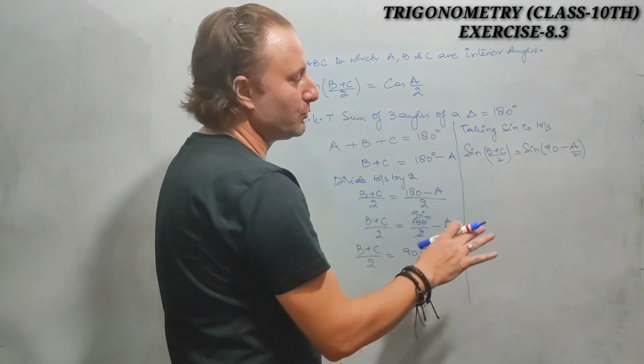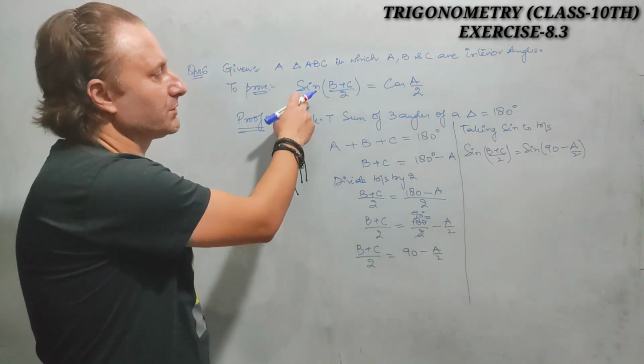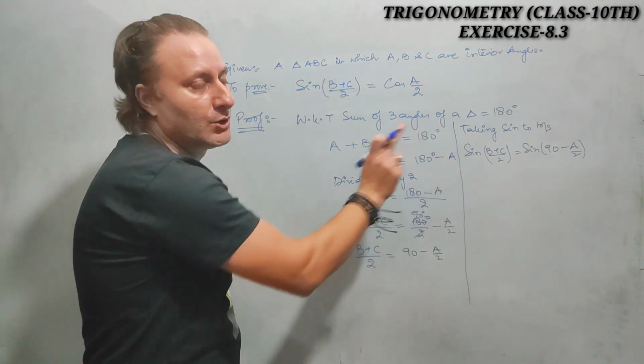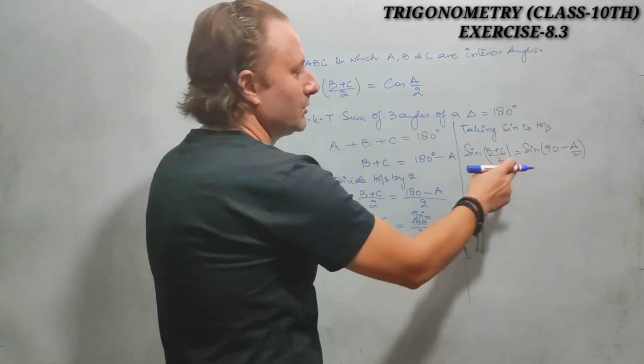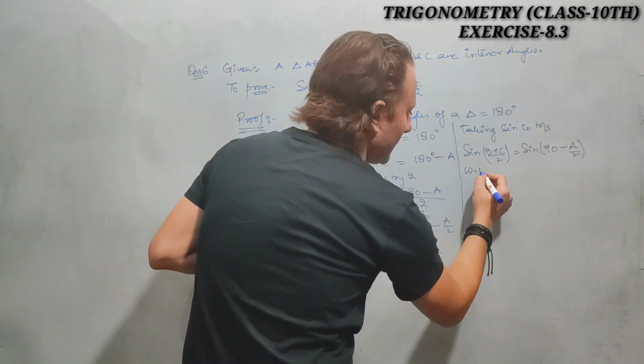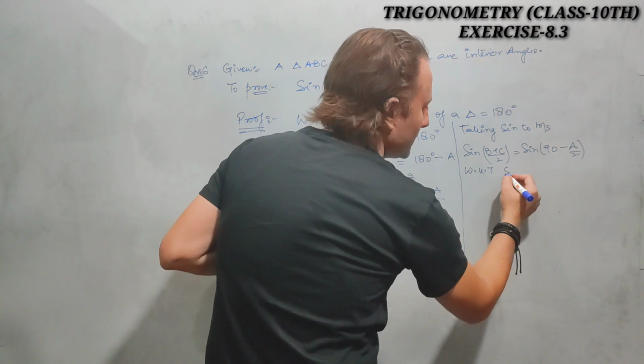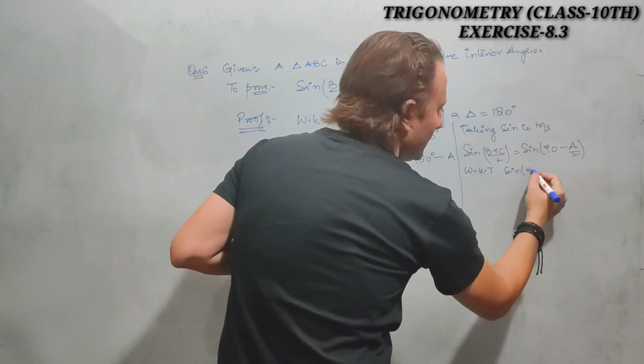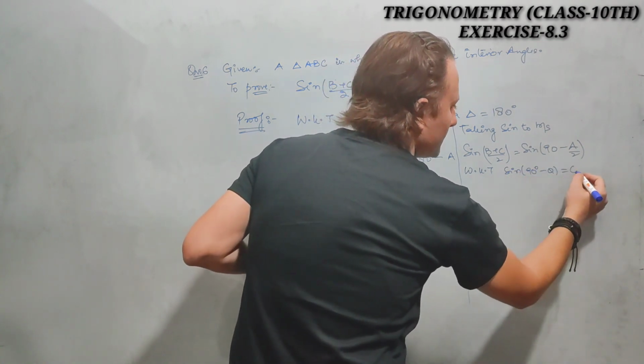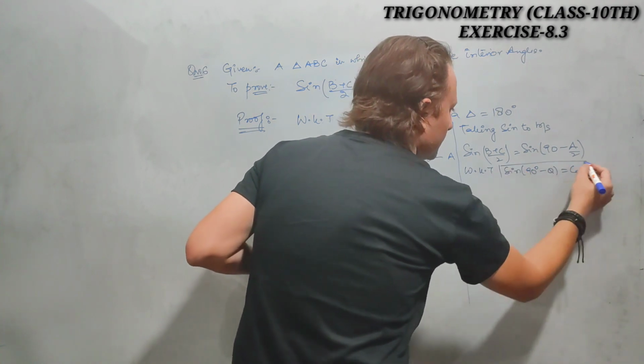So this thing I'm not going to disturb. Why? Because this is what is required. Sine (b plus c) upon 2, I have it. Now what about this one? So I know, and even now you guys know, that sine (90 minus theta) is equal to cos theta, isn't it?